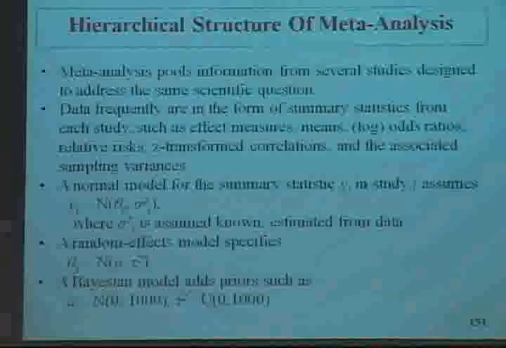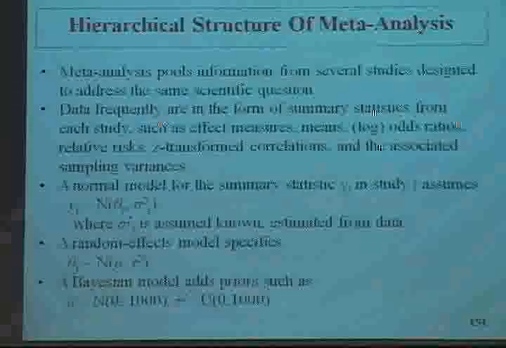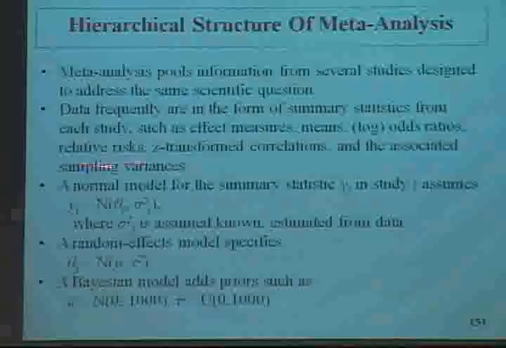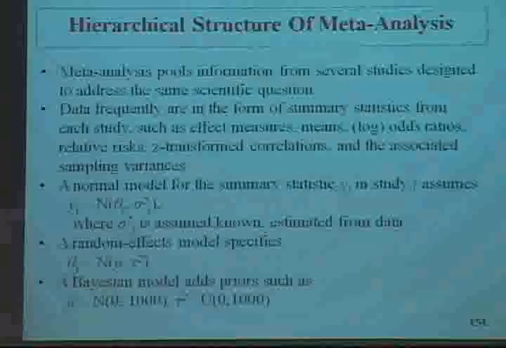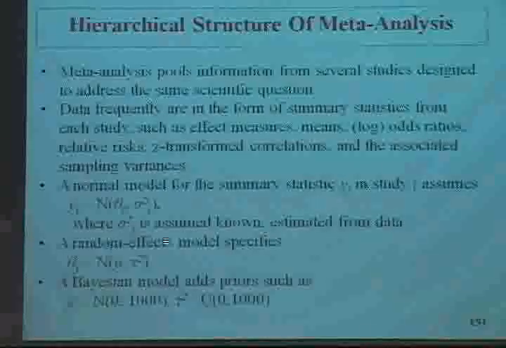So you get the precision, because different studies may have used different sample sizes, for instance. So those associated sampling variances are going to be taken as a form of data that we're going to use in the analysis. And here's how it goes.